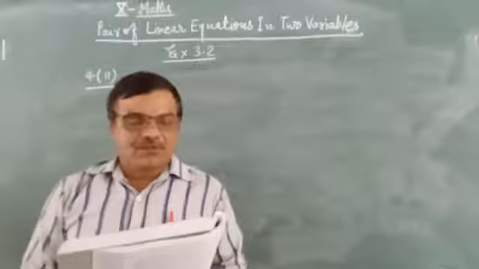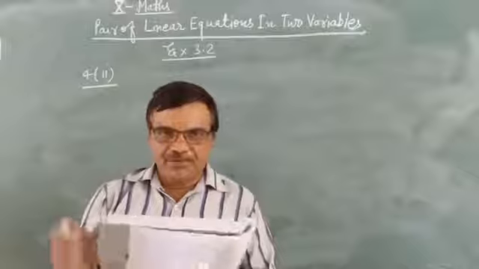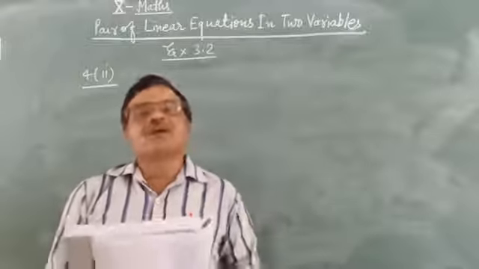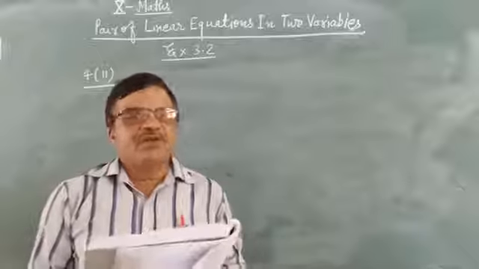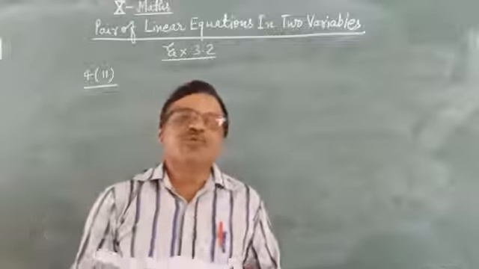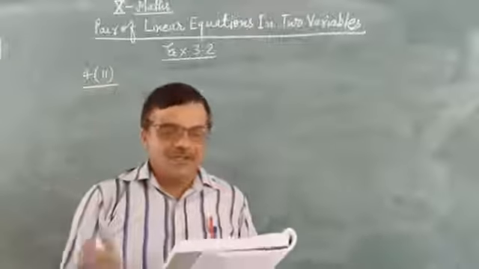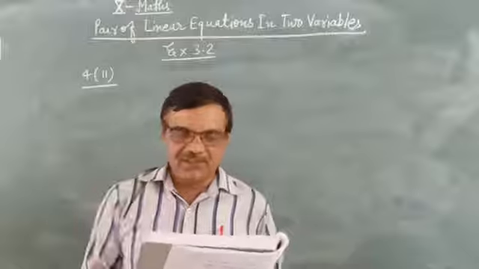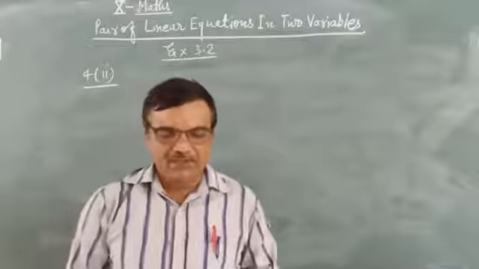Which is consistent or inconsistent? If it is consistent, then solve it by the graphical method. You have to show whether the pair of linear equations is consistent or inconsistent. If it is consistent, then solve it by the graphical method.